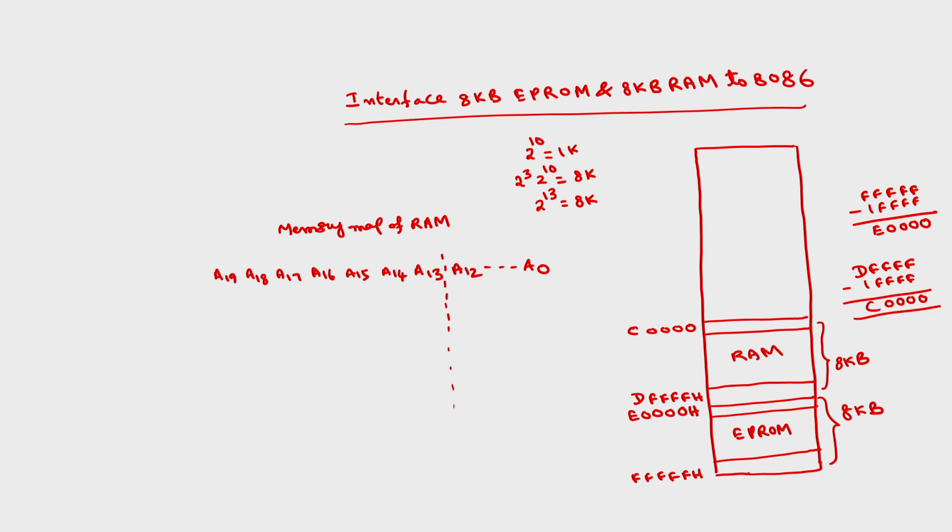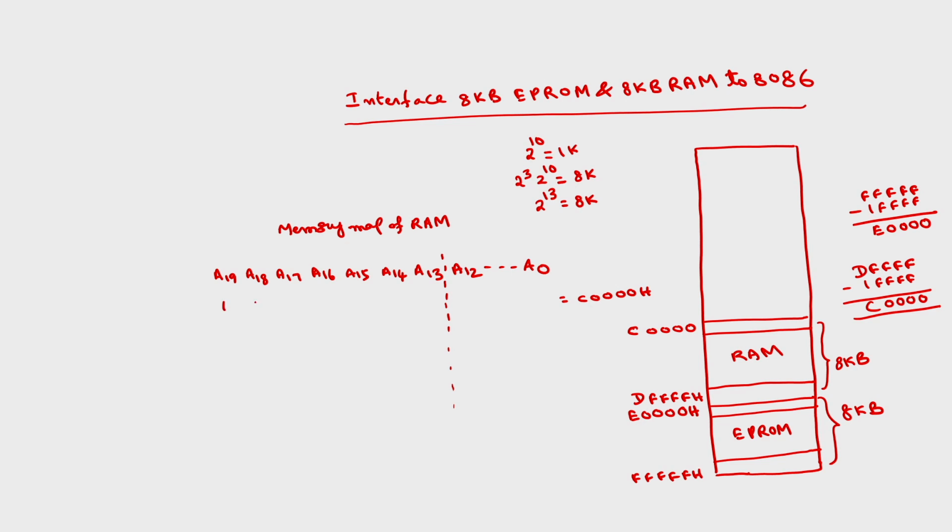These are the address lines of the microprocessor that have to be connected to the 8 kilobytes of memory. Memory will have some number of address lines depending upon its capacity. For 8K memory there will be 13 address lines. So I am going to connect A0 to A12 to the corresponding address lines of the memory. What is the starting address? For RAM the starting address is C0000H.